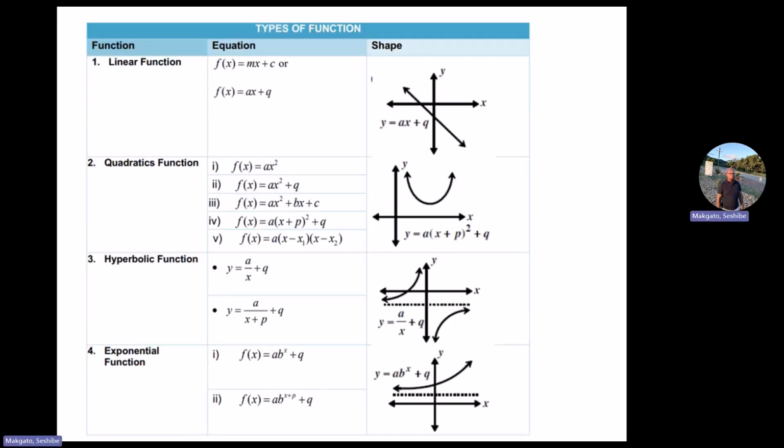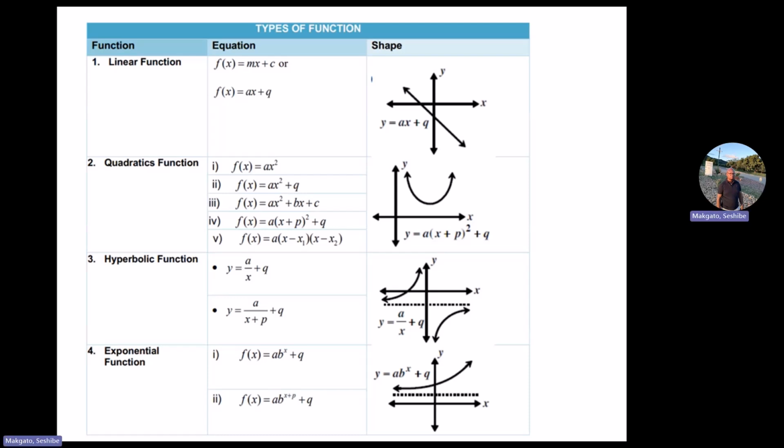What is important in terms of this, what you need to know as a student, is that you need to be able to read and visualize what a typical equation of a linear function looks like. And of course, with that, visualizing how the shape looks.